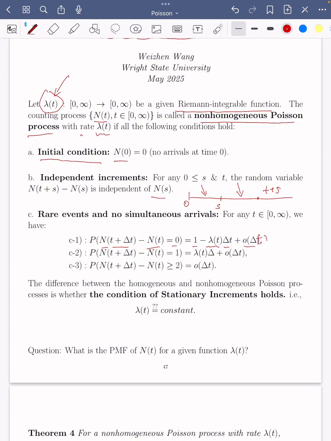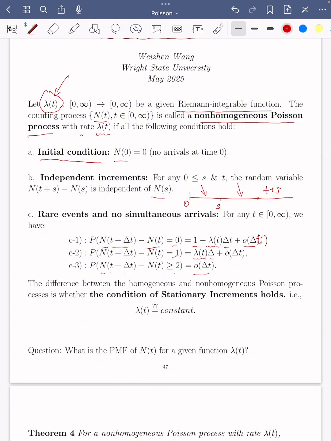And the chance that N of t plus delta t minus N_t equals 1 is about equal to lambda t times delta t. And also the chance that N of t plus delta t minus N_t is larger than or equal to 2 is little o of delta t.